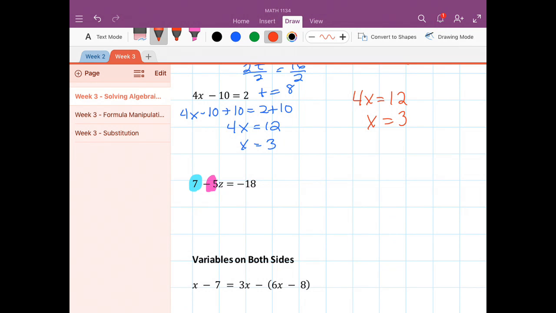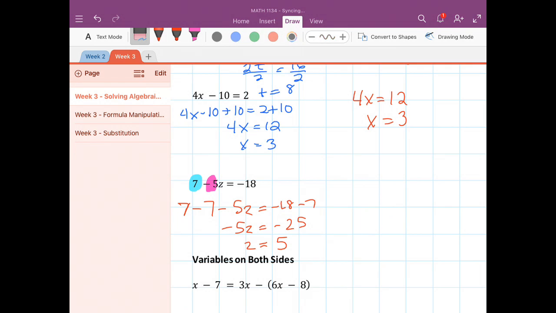So I'm going to subtract 7 from both sides. And that gives me negative 5z. Don't forget the negative in front of that. Equals negative 25. So that means z is going to be 5, because 5 times negative 5 gets you negative 25.